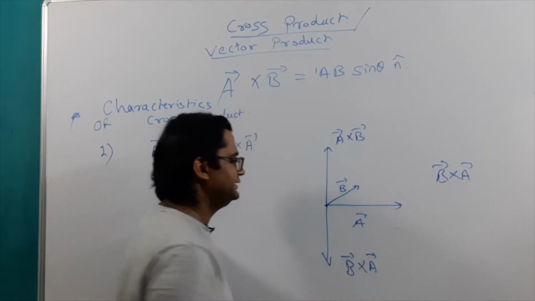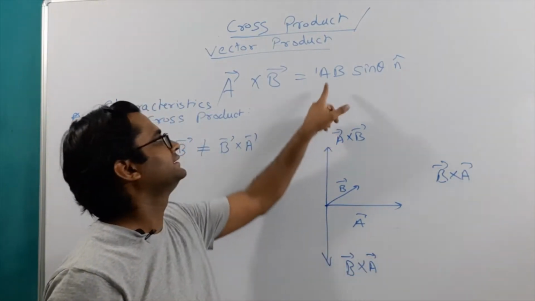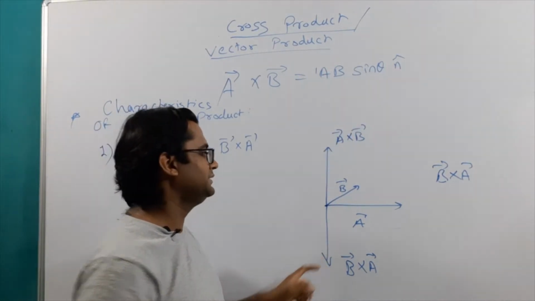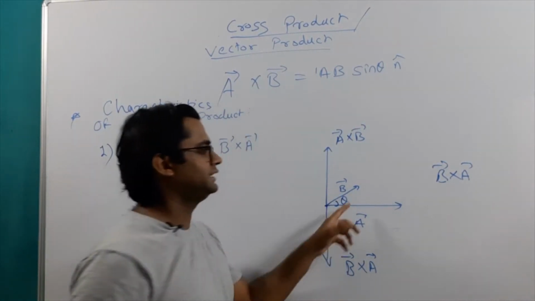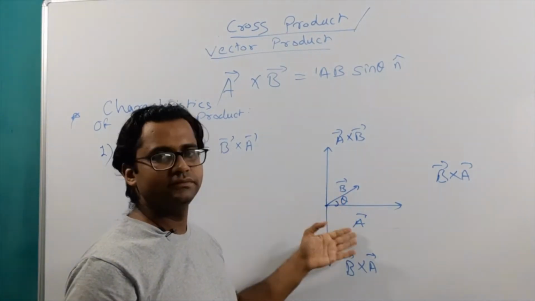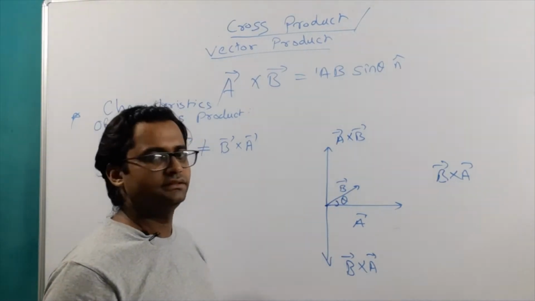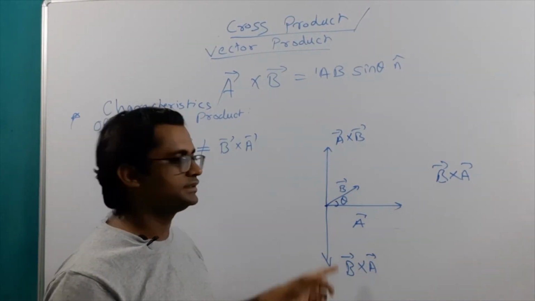If you look at these two vectors, their magnitude is anyway ab sine theta. The magnitude will remain the same since theta is the same, so sine theta is the same. The vectors have the same magnitudes in both situations, but the directions are opposite.